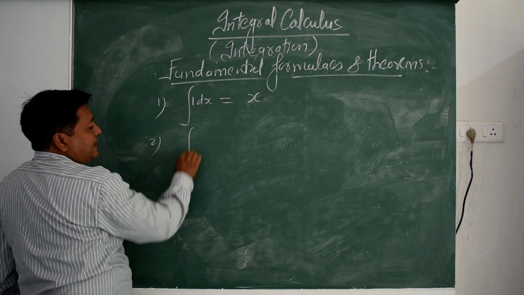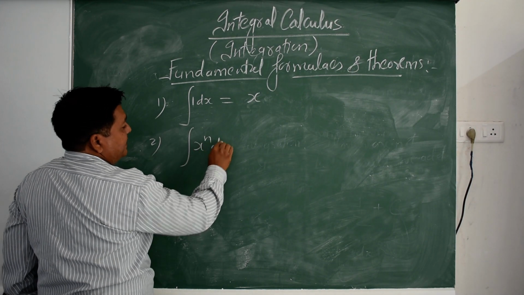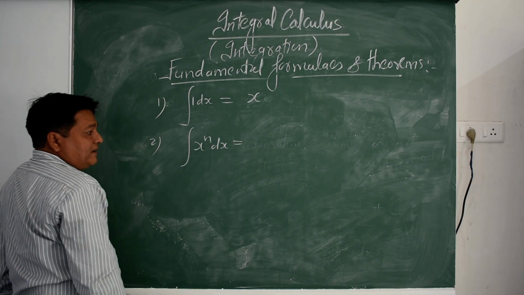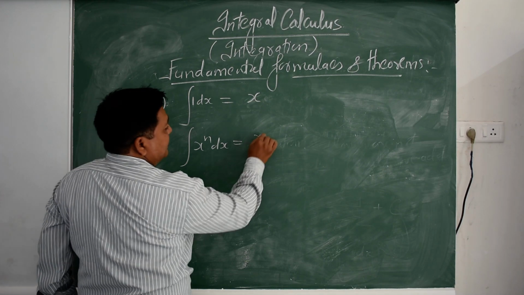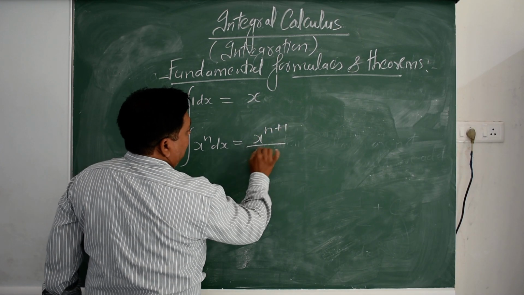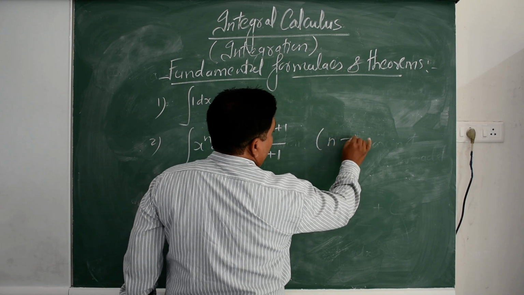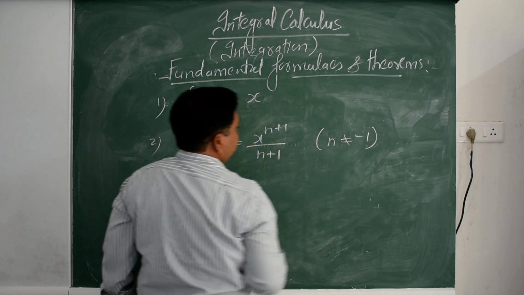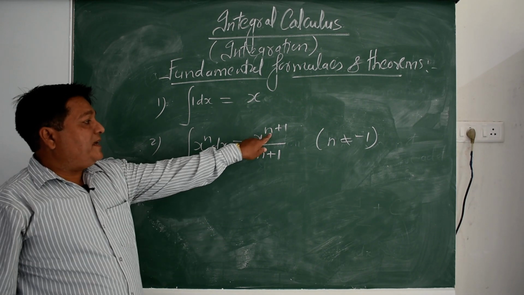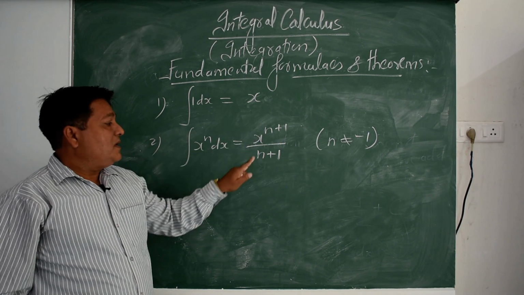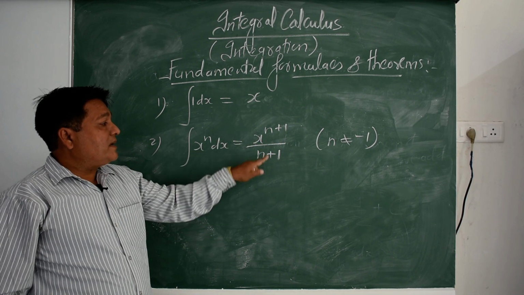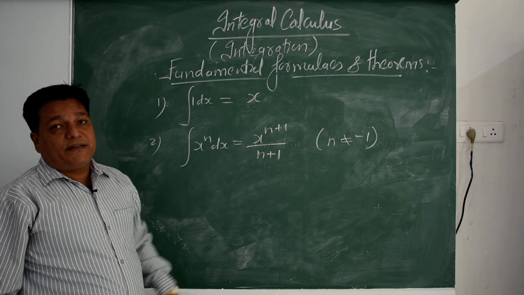Second, integration of x to the power n dx, where n is an integer, with respect to x gives x to the power n plus 1 upon n plus 1, but the condition is that n should not be equal to minus 1. If we write minus 1 here, minus 1 plus 1 is 0, and something upon 0 is infinite.